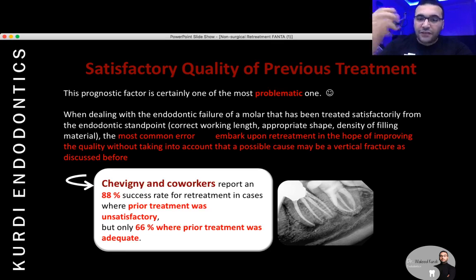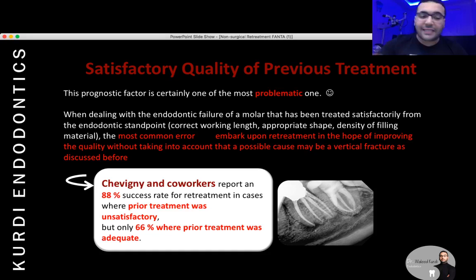So Shiving and co-workers reported an 88% success rate for retreatment cases when the prior treatment was unsatisfactory, but they found the percentage is less, about 66%, when the prior treatment was adequate.